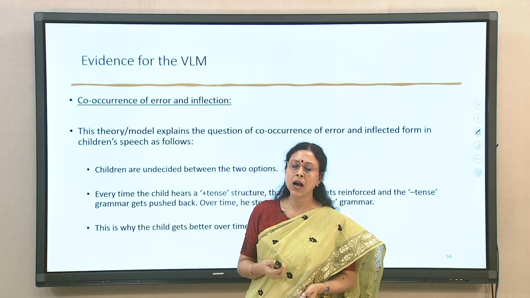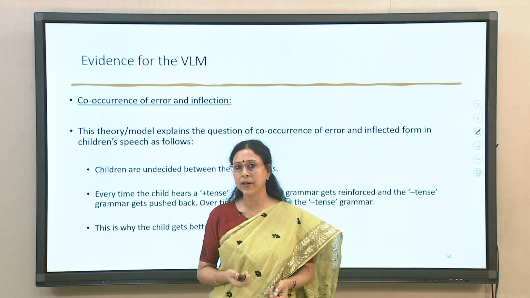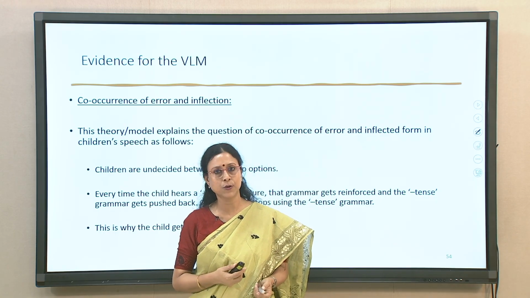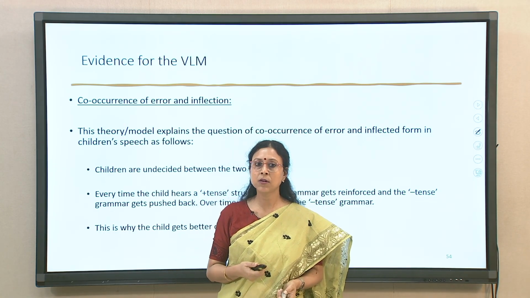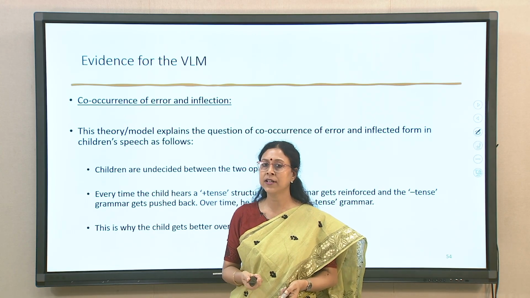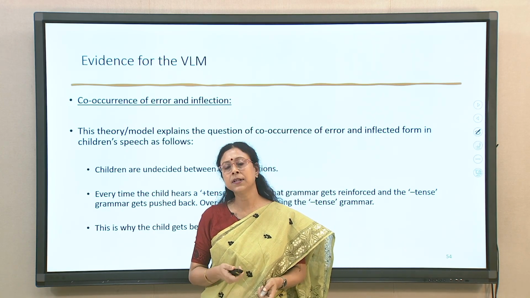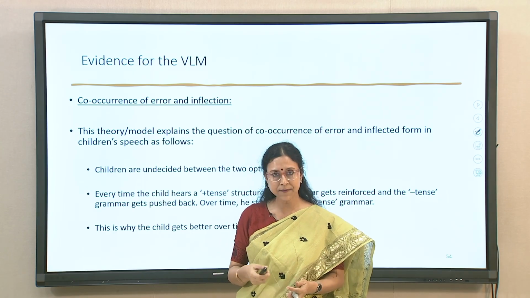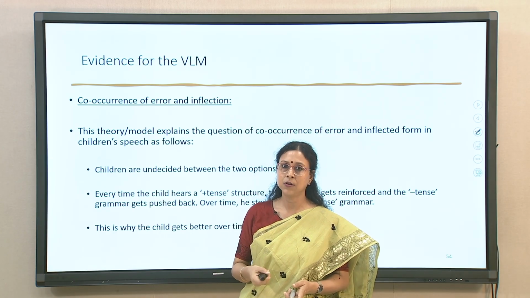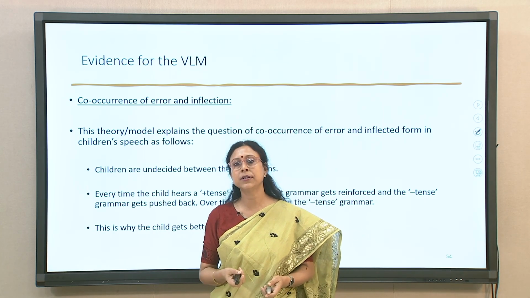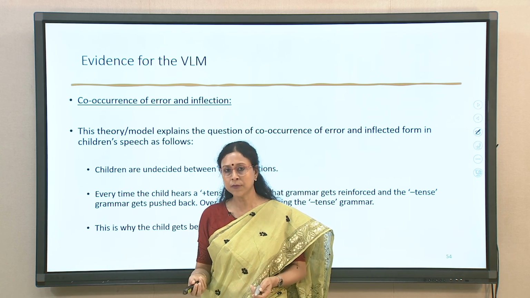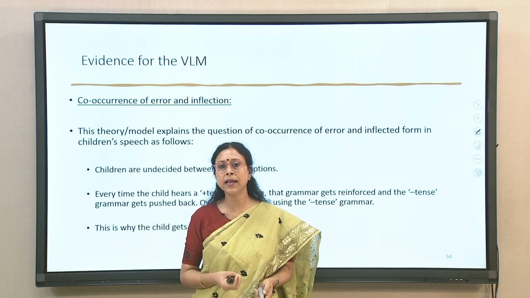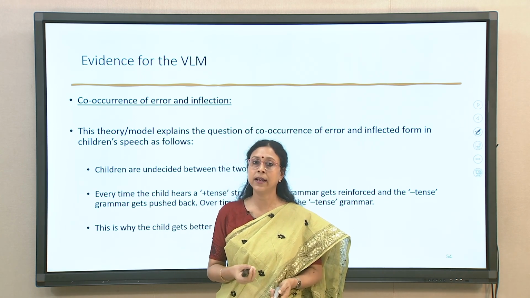Now, does this theory take care of any of the existing problems? It seems so. Remember, we talked about the co-occurrence of error and inflection at the same time. Going by the nativist theory, if the child has figured out the rule of the parameter of the language, that this will be a tense marked language, then there should not be any option of error.